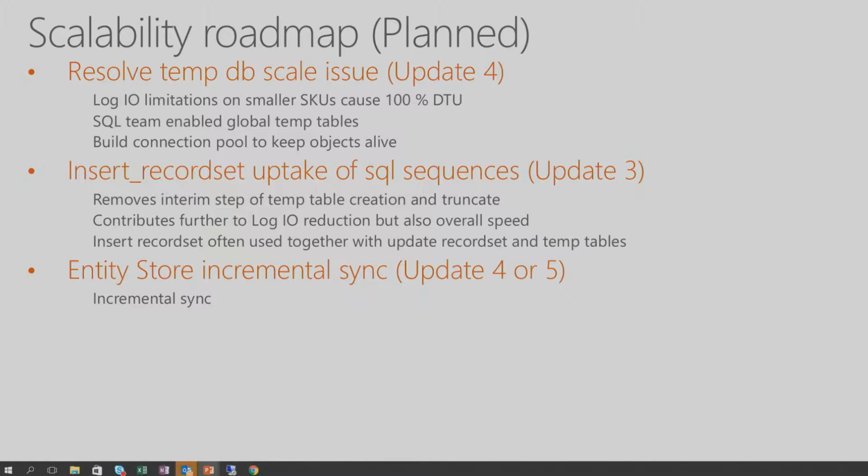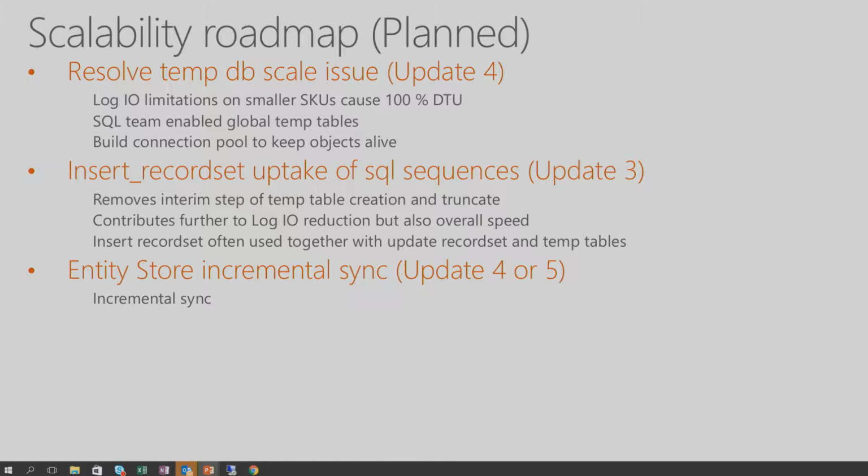But when we use regular tables and I put 500,000 rows in there, the log write of SQL has to catch up. So they fixed that for us. They enabled global temp tables for us, and we are working on taking that up in update 4. It's a recent thing they did for us.